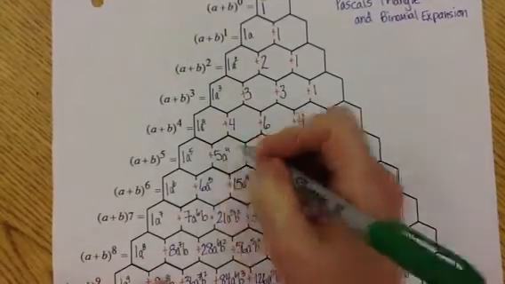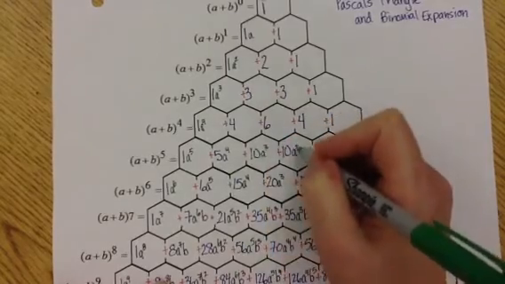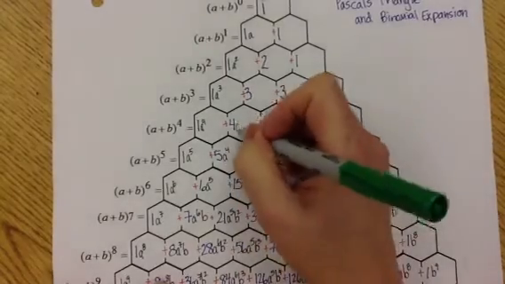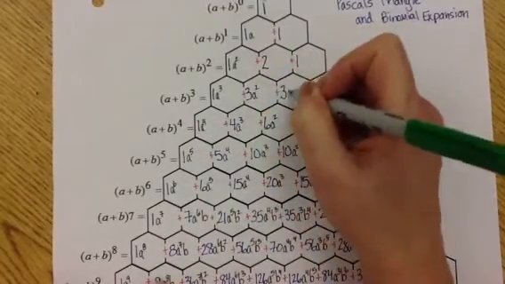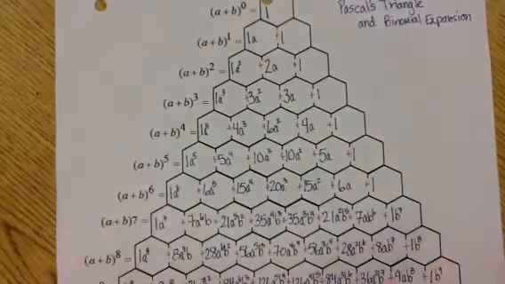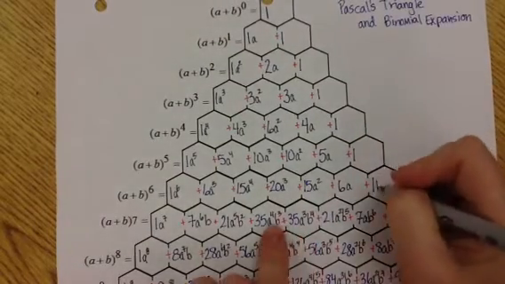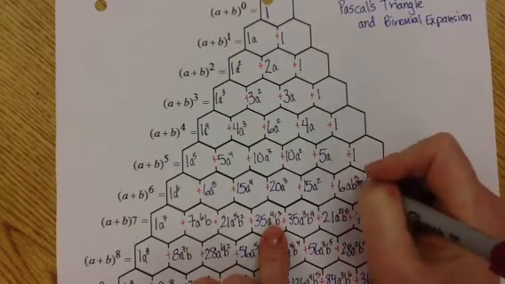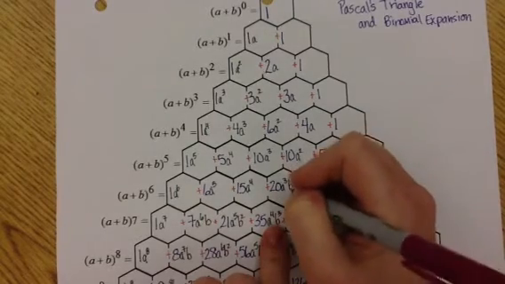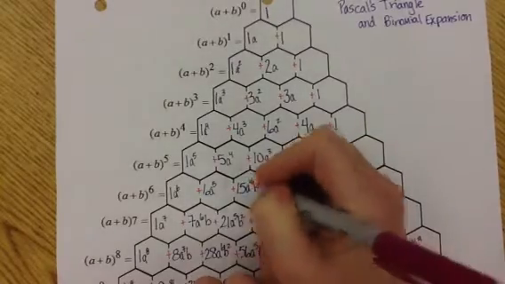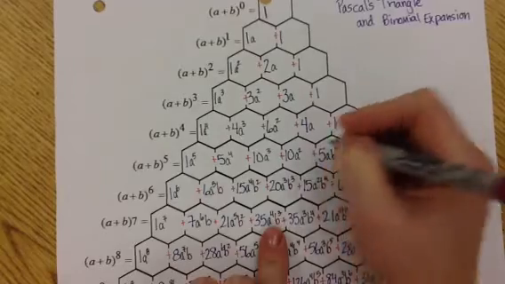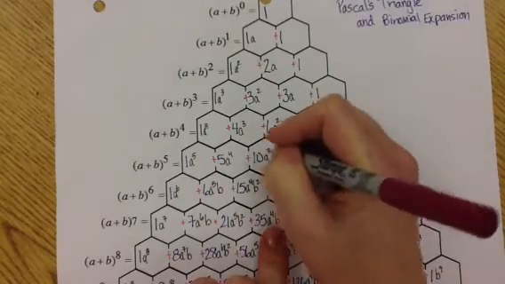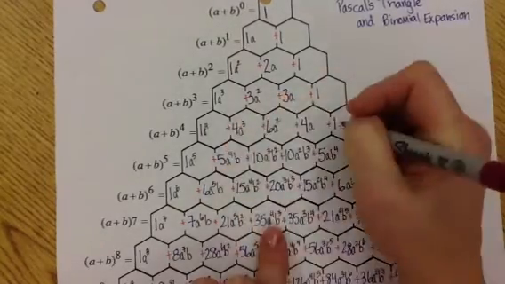There are lots of patterns that exist in Pascal's triangle, and we'll talk briefly about some of them, but we won't get into very much detail. Right now, I just want us to fill in all of our variables so that we have a complete model to work with as we begin to see how to apply Pascal's triangle for expanding binomials.